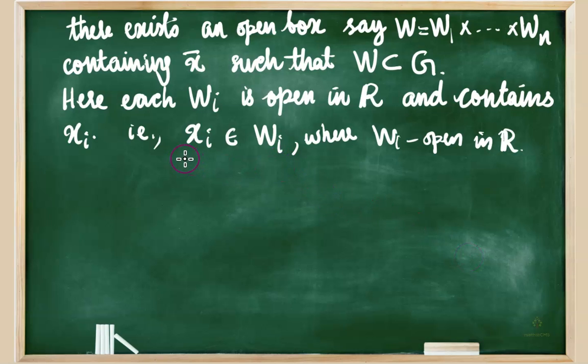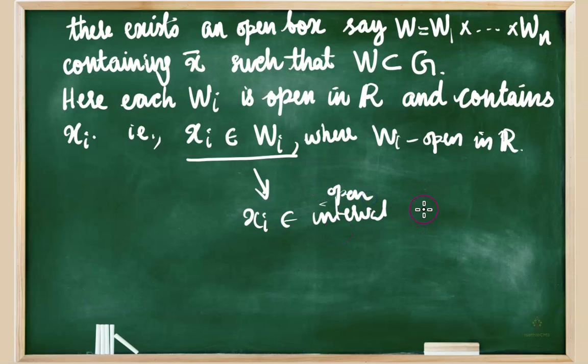Hence, using the characterization of bases, as xi belongs to Wi, we can find an open interval such that xi will belong to that open interval, and that open interval will be contained in Wi. Such an open interval will definitely exist.